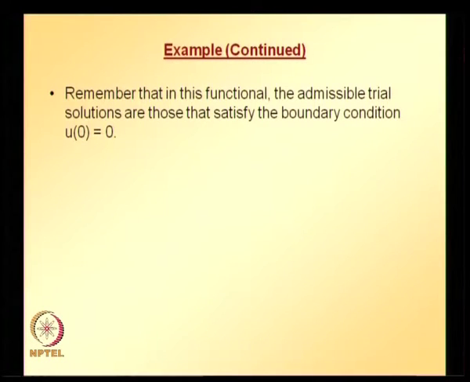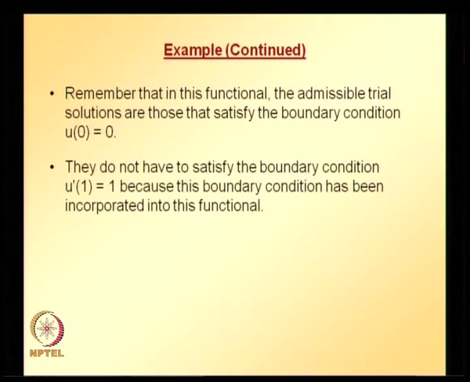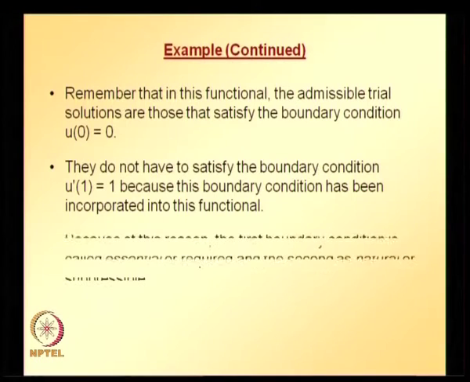Remember that in this functional the admissible trial solutions are those that satisfy the boundary condition, that is u evaluated at x is equal to 0 is 0. They do not have to satisfy the natural boundary condition, that is, the derivative of u evaluated at x is equal to 1 is 1, because this boundary condition has been incorporated into the functional.